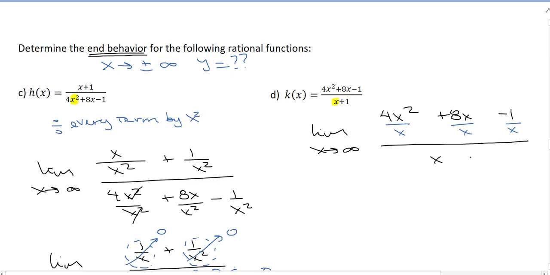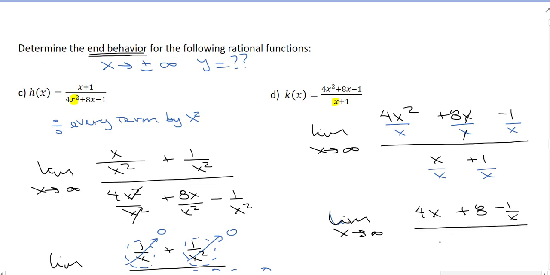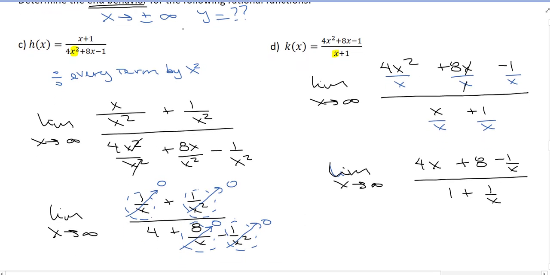So x plus 1, but divide every term by x. And so as x goes to infinity, I'm going to have 4x squared divided by x is 4x plus 8. Here the x's reduce, minus 1 over x, all over 1 plus 1 over x. So now what's happening?